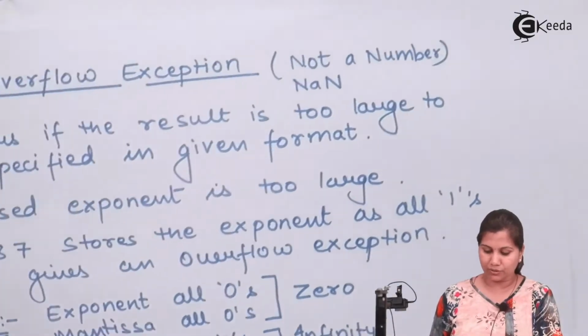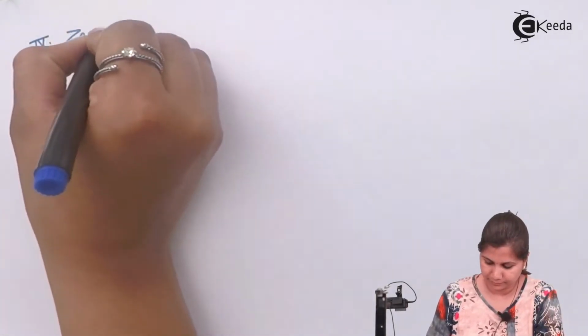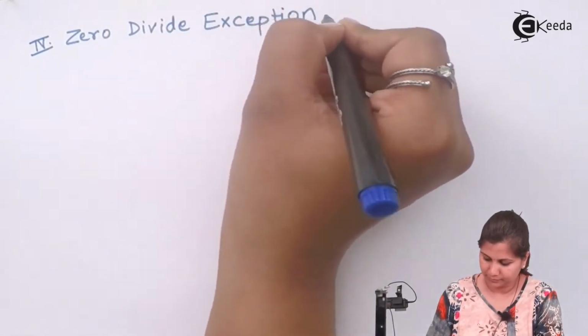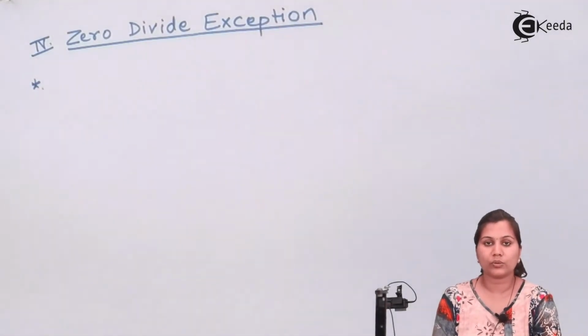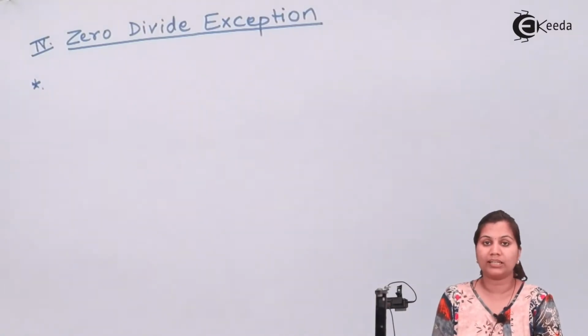Now the next exception is the zero divide exception. This exception or error is going to occur whenever we try to divide a non-zero number by 0. Like for example, if we want to divide 37 by 0, then 37 is a non-zero number and we are trying to divide it by a 0.